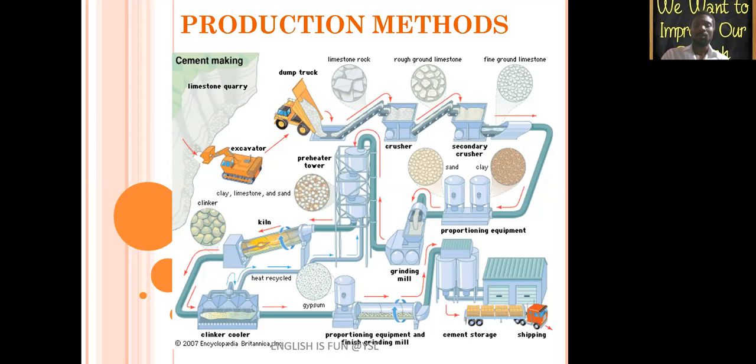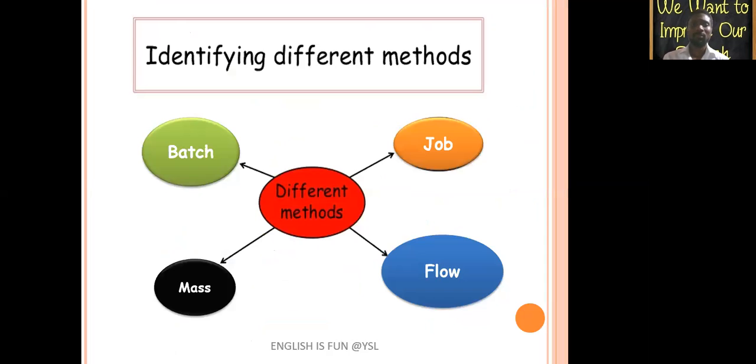Okay, so basically we are going to be looking at the major ones, as I said earlier, and it's going to be the job production, the batch production, flow production, and of course mass production. All right, the flow production and the mass production are quite the same. Okay, just have that before we proceed. All right, so we're moving on real quick.